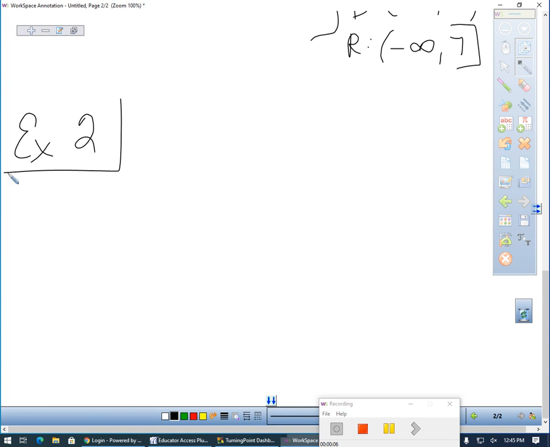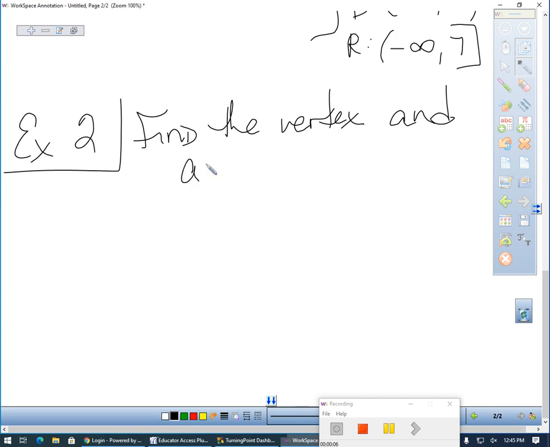In example number 2, find the vertex and axis of symmetry.